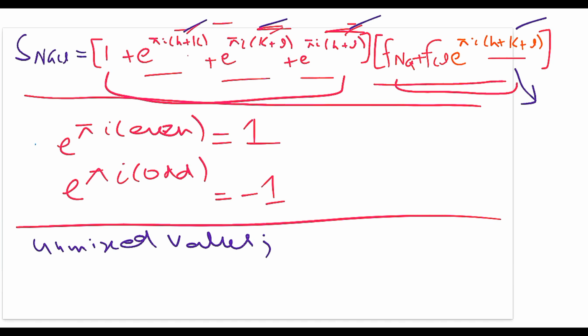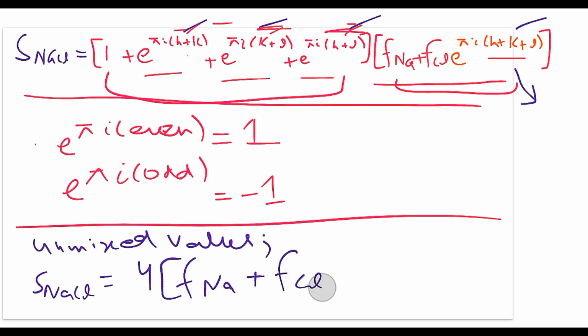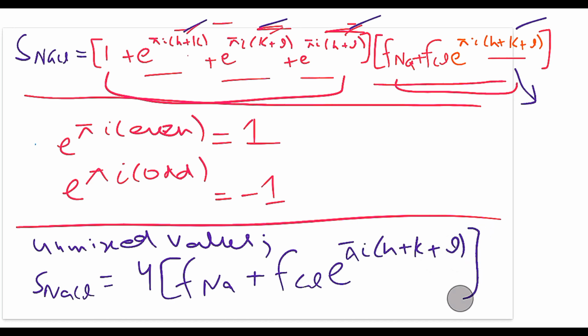For the case of unmixed values, we saw that we get F of NaCl equal to 4 times (F_Na plus F_Cl e to the power pi iota (H plus K plus L)), bracket closed. This is the structure factor that you get when you have unmixed values, all even or all odd.